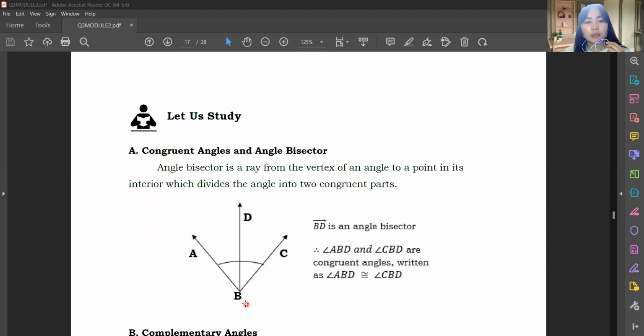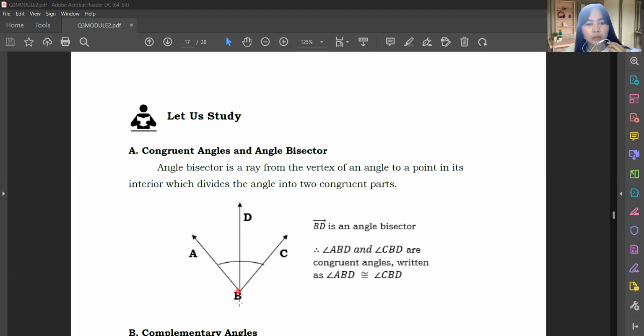Meaning, an angle bisector is the one that divides, from the vertex of an angle to a point in its interior. So our ray BD here has endpoint B, and it bisects from the vertex.